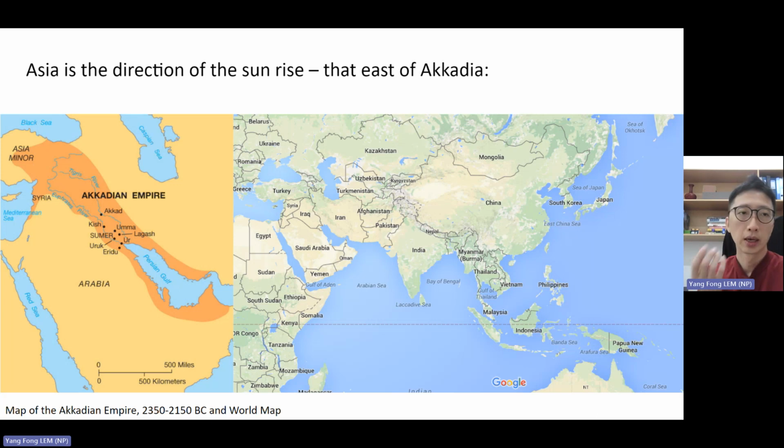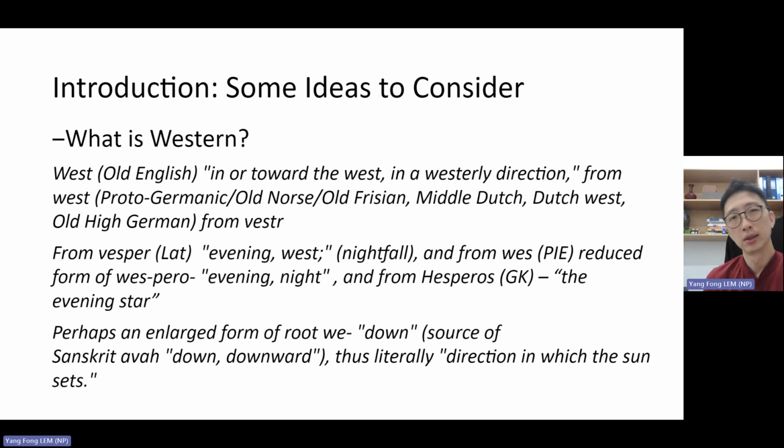So that is a location of very early civilization. And because we are talking about east and west, it's actually relative, depending on where you are. So from the position of this Akkadian Empire, the east will be where the sun rises, no? And then the west will be maybe parts of Europe, and so on and so forth. Yep. So that is the sun, east west.